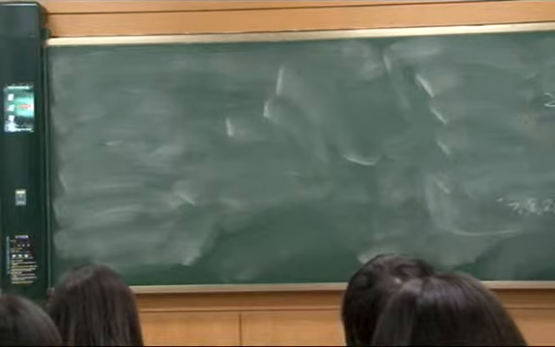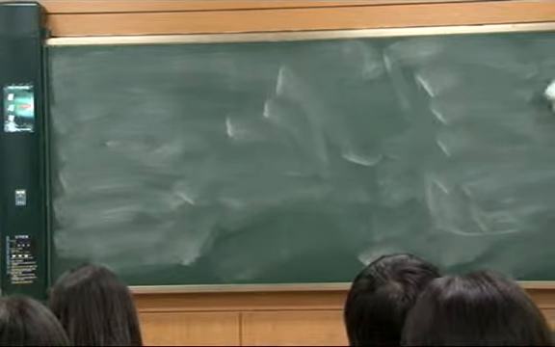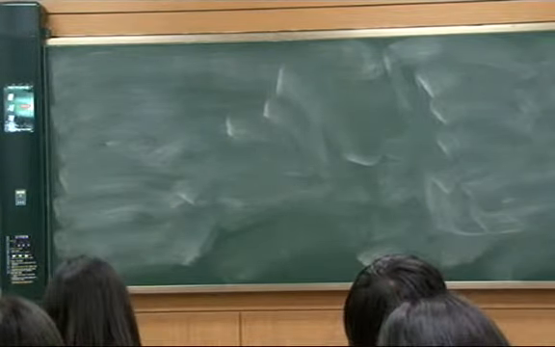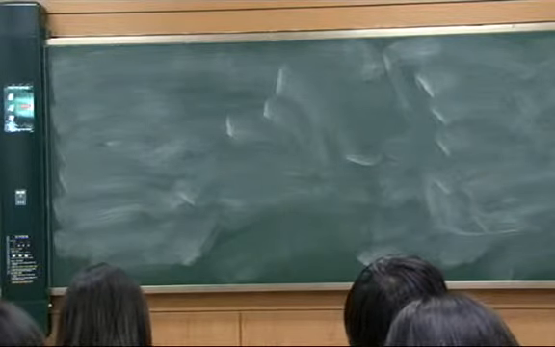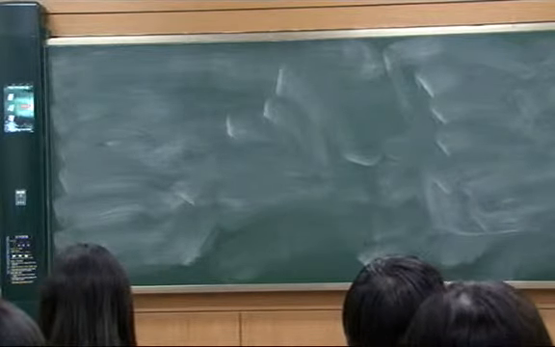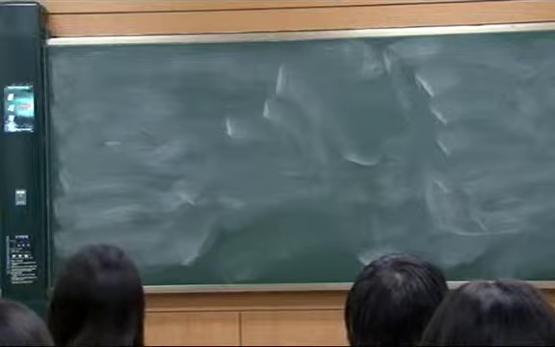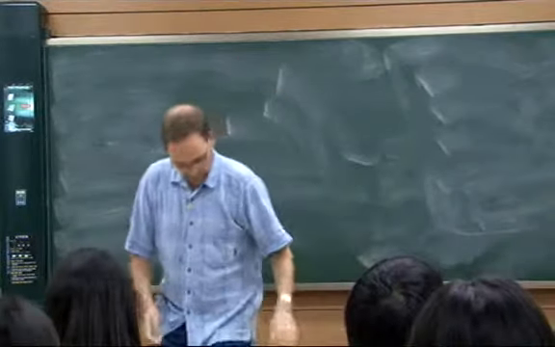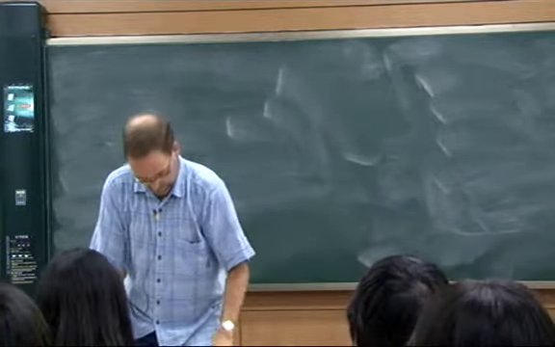And what I want to do now is I want to start heading towards the general definition of a Coxeter group. Okay. But I'm going to do it slowly. Half an hour is good for this.